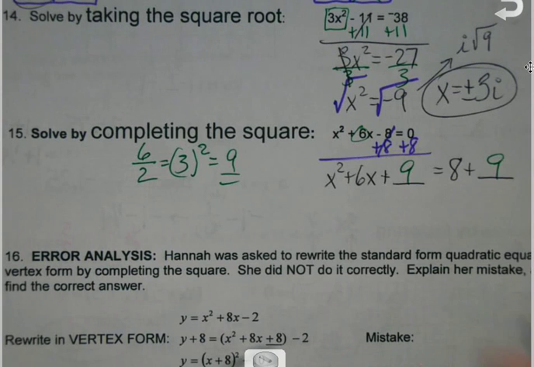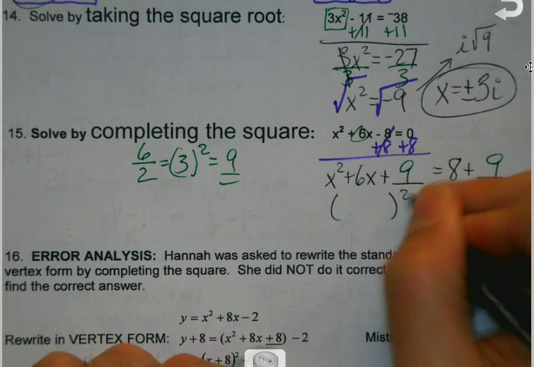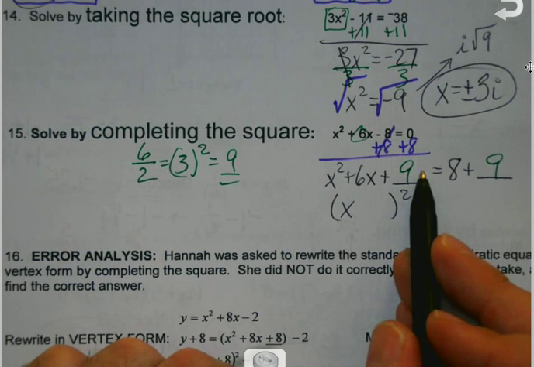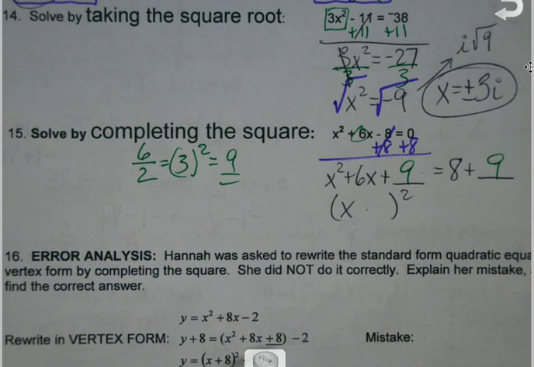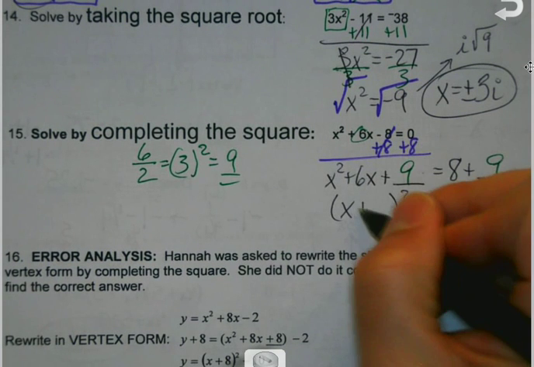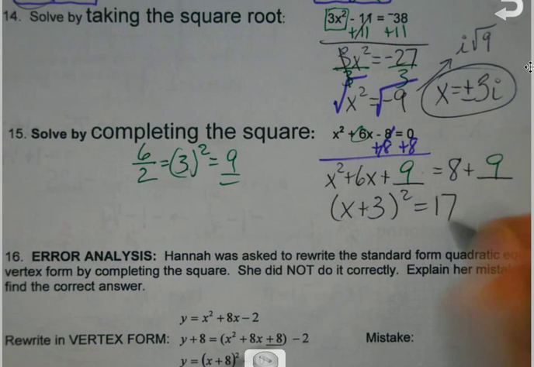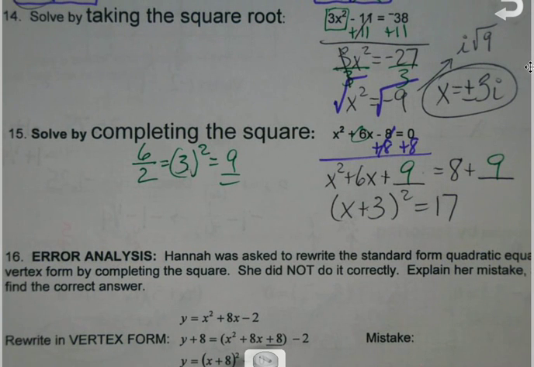And that number goes in there and is helpful to us because now when I go from a perfect square trinomial to the square of a binomial, what number is going to go in with the x? Yeah, that positive 3 that I see here, my b divided by 2. And now it just looks like the square root problems.